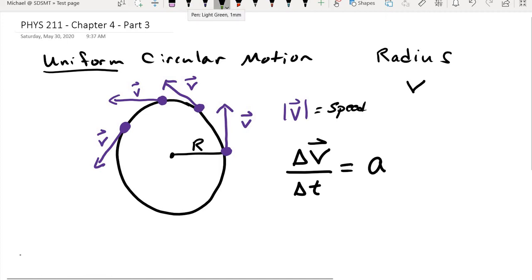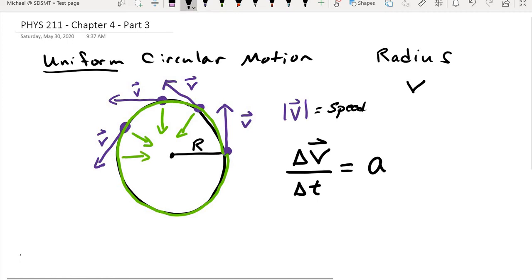And what we want to do is find out where that acceleration is pointing and what its value is. And as it turns out, the only way that we are going to be able to continuously turn in a circle is if we continuously have an acceleration that is pulling us towards the center of that circle.